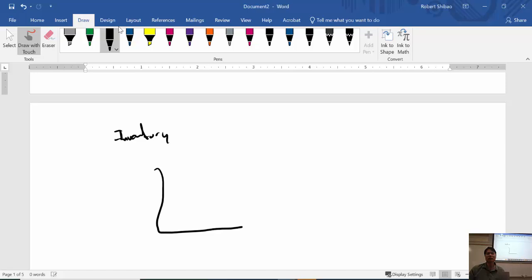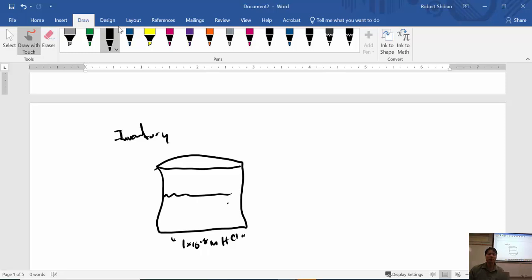If we have a beaker that's labeled 1 times 10 to the minus 8 molar HCl, what's in it? Yeah, we're going to have hydronium and chloride.